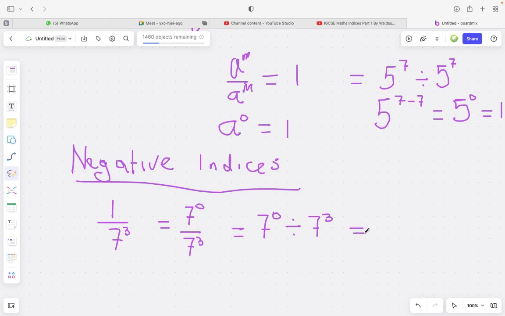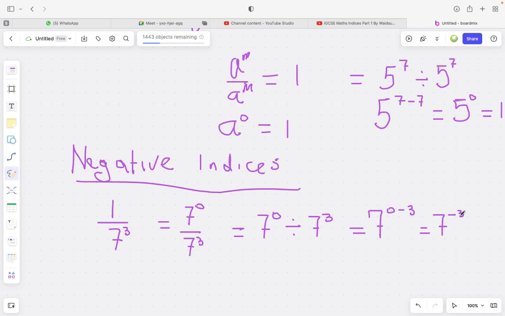Since they have the same base, we take the base to be 7, and since it's division, the second law applies. So we say 0 minus 3, that's this power minus this power. Then eventually we get 7 to the power of negative 3.